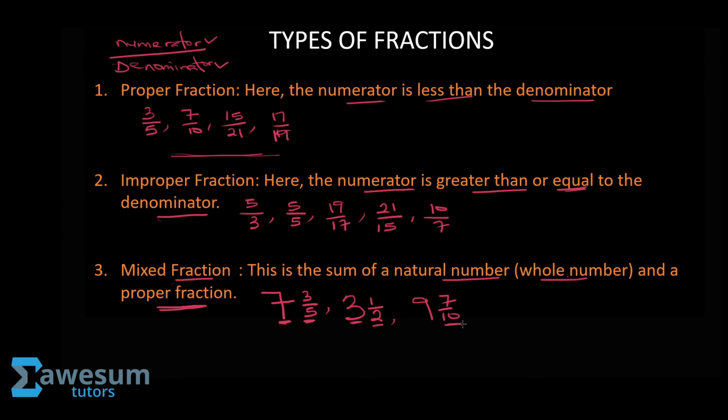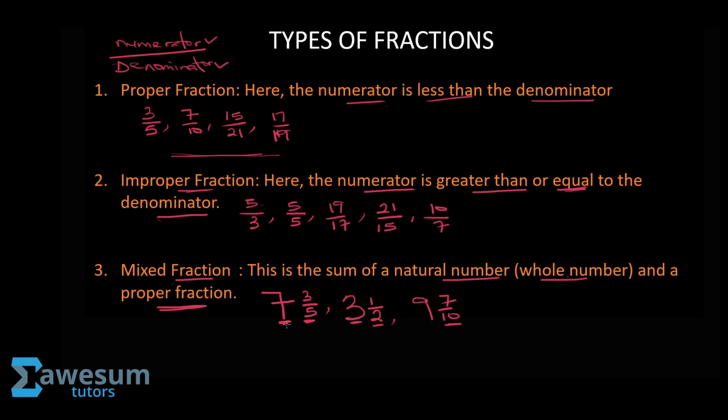So in this video, we've been able to talk about proper fraction, which is your numerator is less than the denominator. Improper fraction. Numerator is greater than or equal to your denominator.